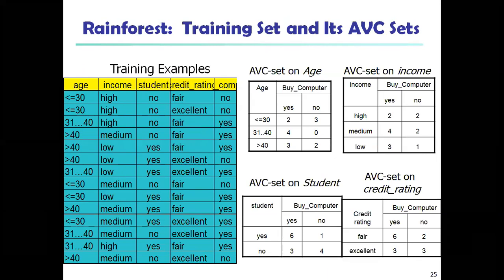See this example. It shows training examples: AVC set on age, AVC set on income, AVC set on student, and AVC set on credit rating. So here, for less than 30, how many people buy the computer or not? Totally 5 people are there.